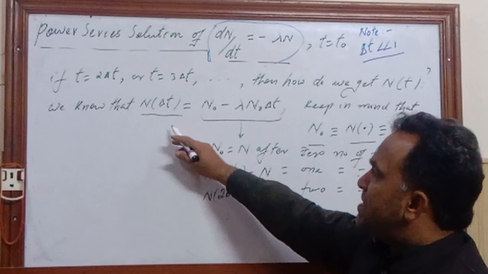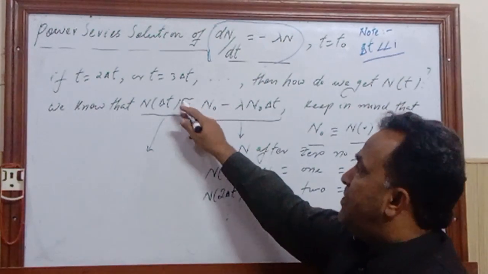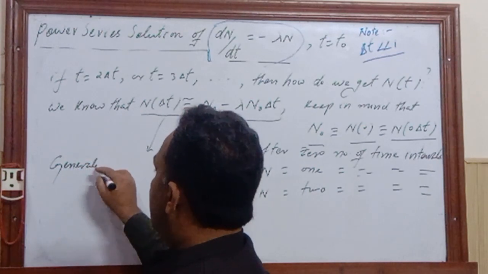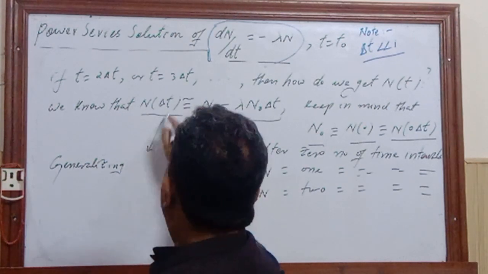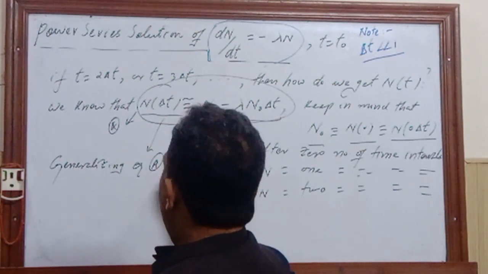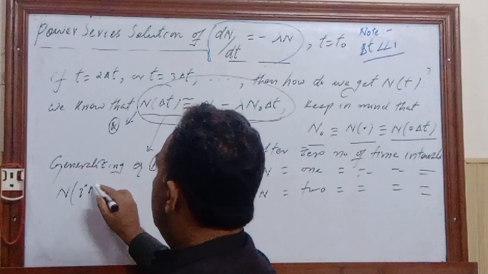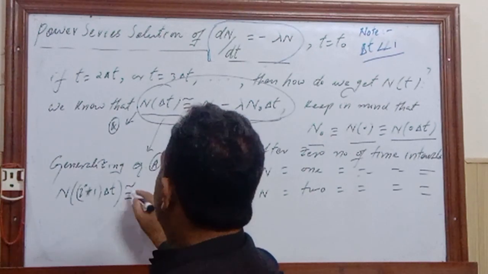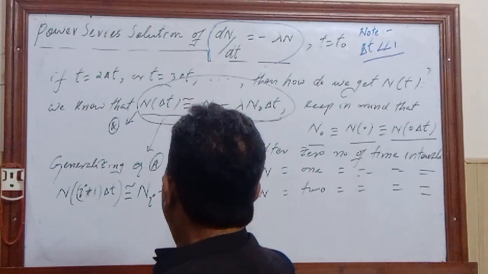Generalizing this equation, which we can name equation A, we can write down that n after I plus 1 time intervals is equal to n of I minus lambda n I delta t.